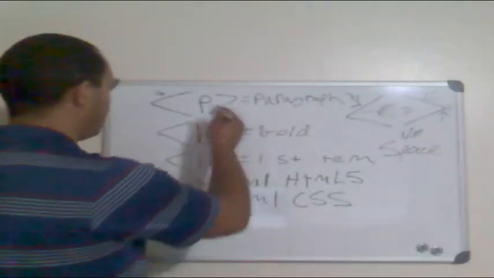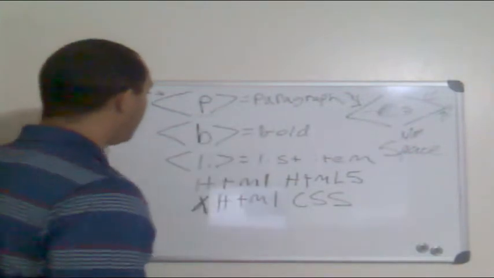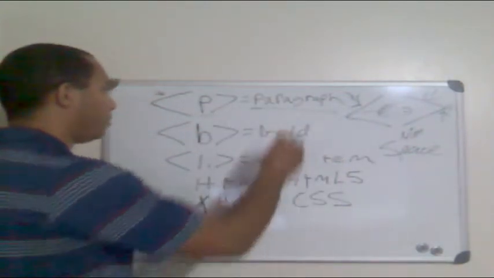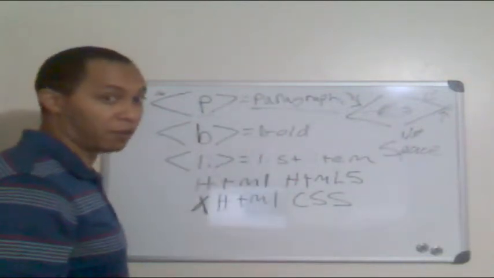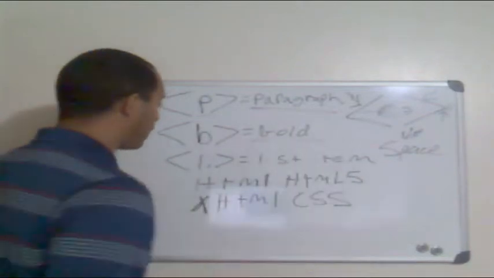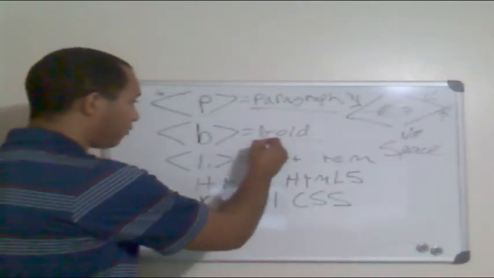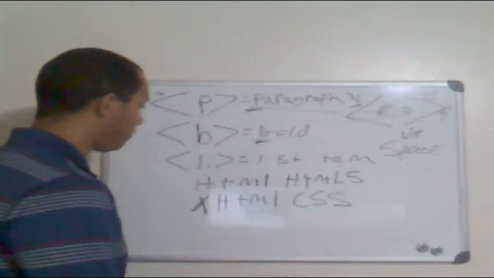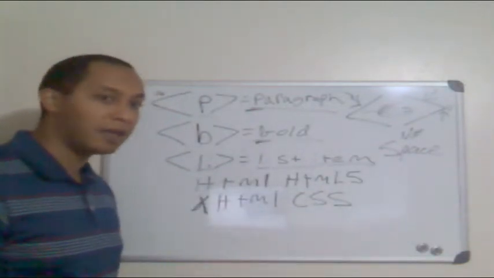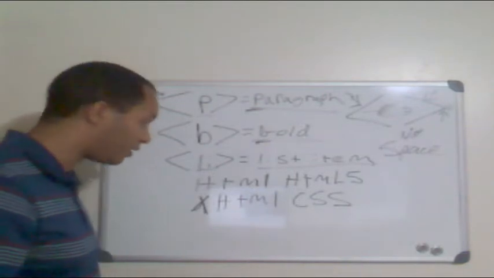Right now we have P for paragraph. Pretty simple. Paragraph is just normal text on a web document. We have B for bold. Once again, it just takes the first letter. Boom. LI is list item. This would be for your numbered list or your bullet points or stuff like that.